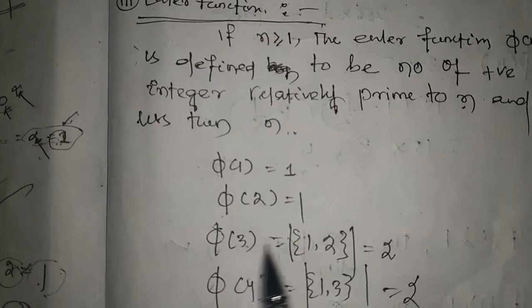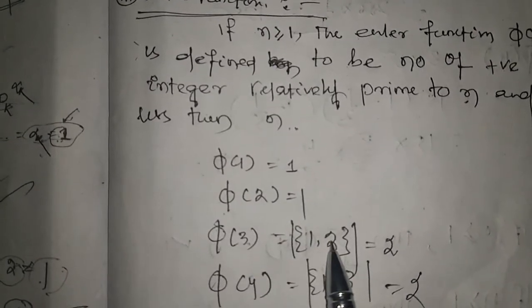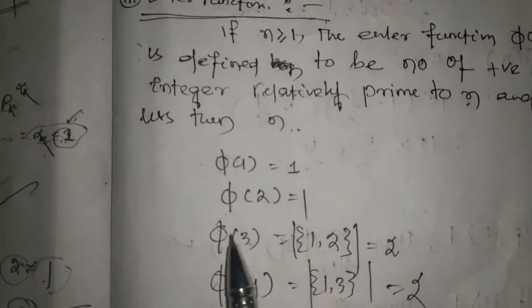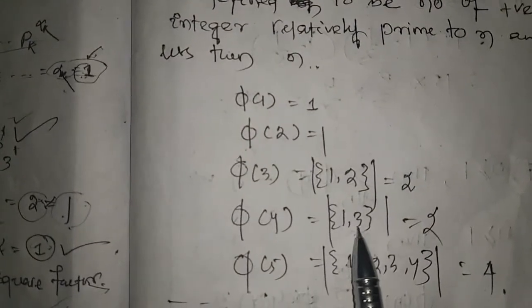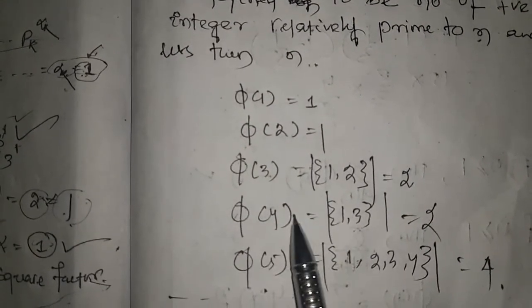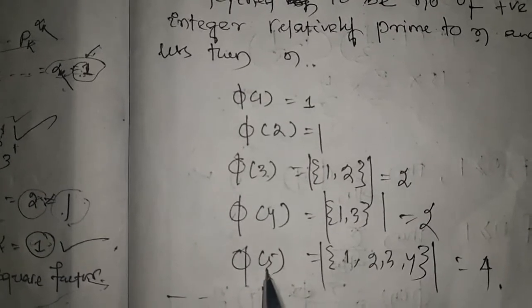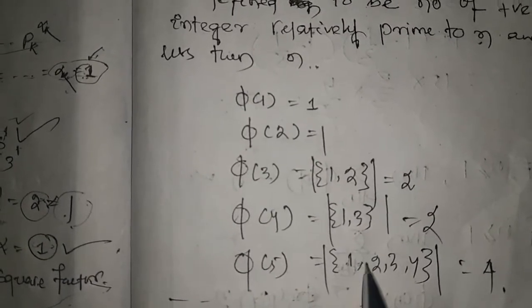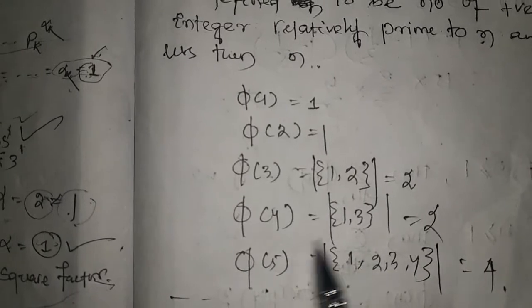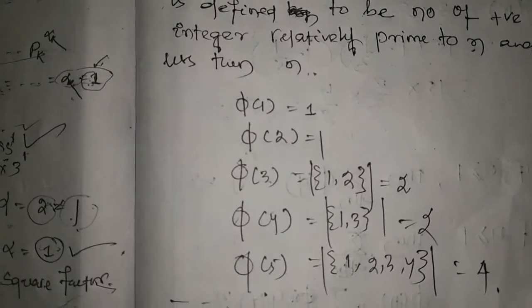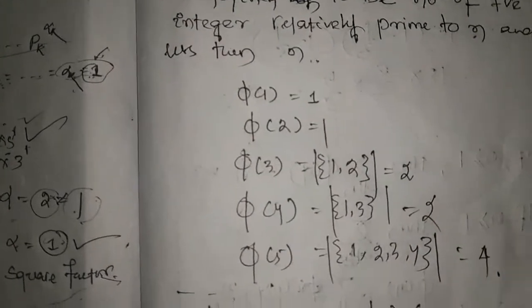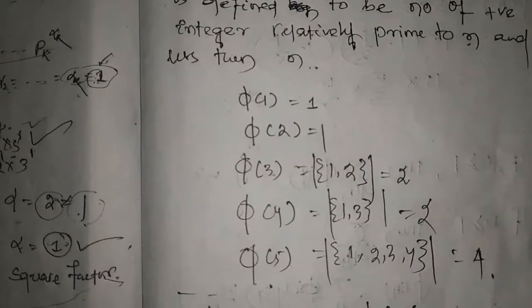For phi 3, there are two numbers, 1 and 2, both co-prime to 3. For 4, there are also two numbers, 3 and 1, both co-prime to 4. For 5, there are 4 numbers, 1, 2, 3, 4, all co-prime to 5. So here phi 5 is equal to 4.